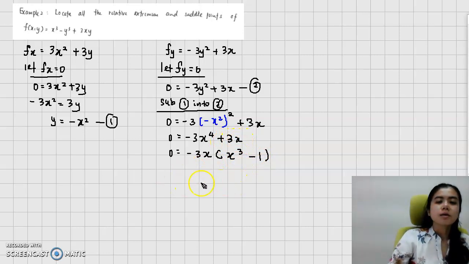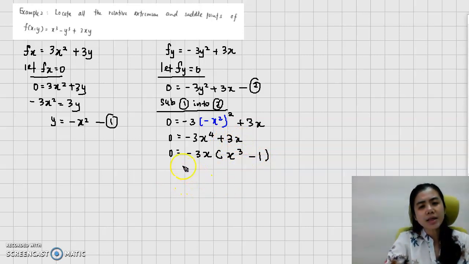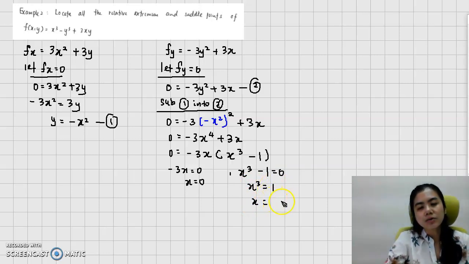So that is the factorization. So from here, we have minus 3x equal to 0, x equal to 0. Then how about this? You will have x cubed minus 1 equal to 0, so x to the power 3 equal to 1, and you take the cube root of it. So we have 1.